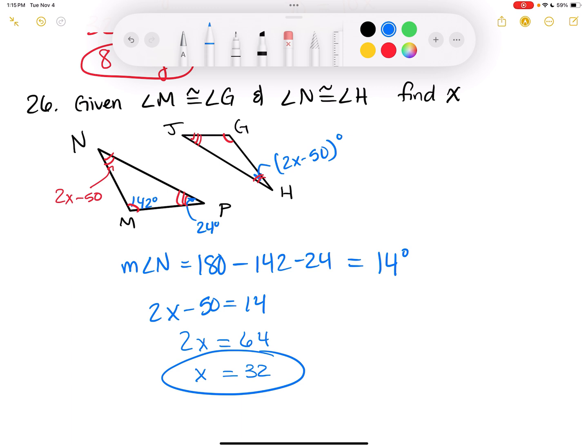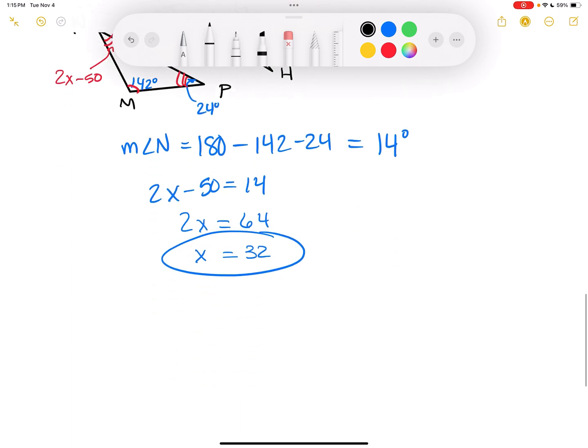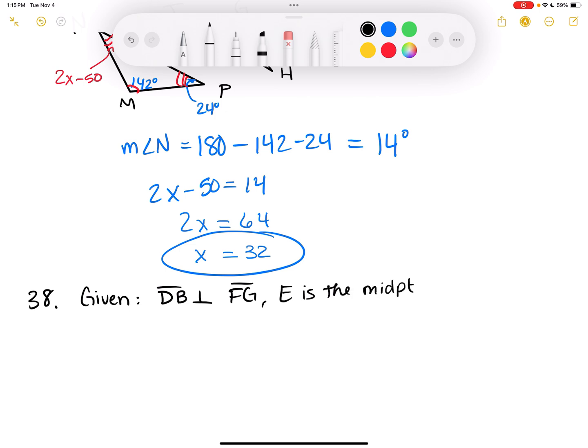So all I'm going to copy down as far as this problem goes for the sake of time is the given, which is that DB is perpendicular to FG. E is the midpoint of FG.